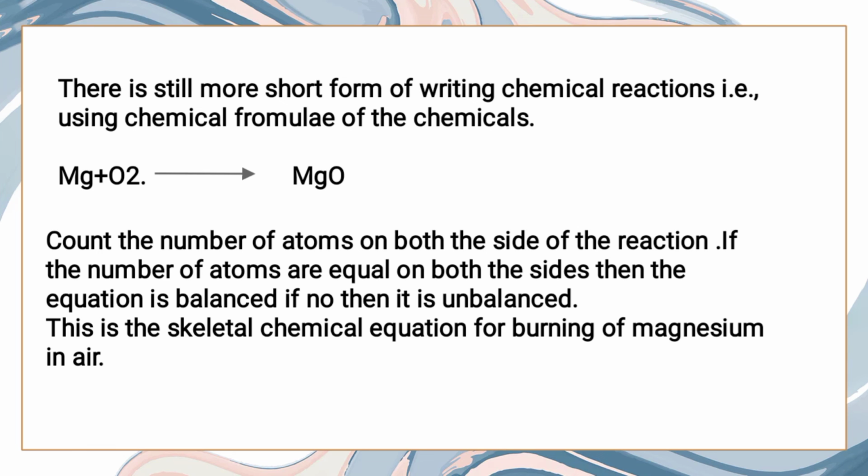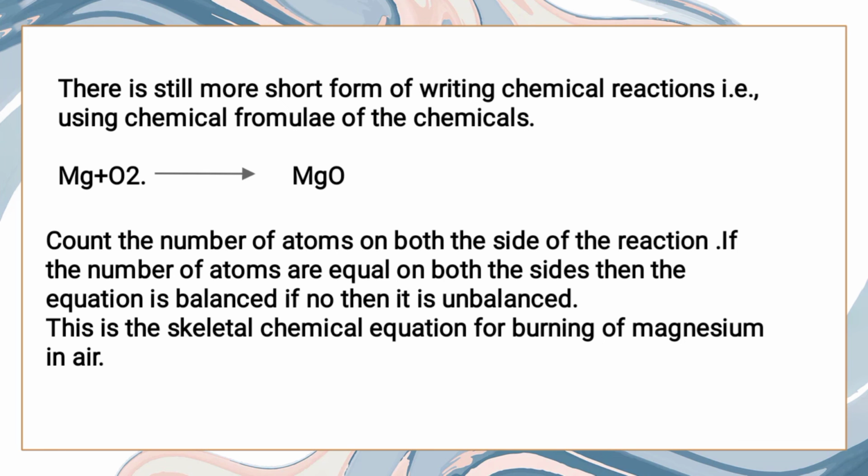So this is a chemical equation. How do you write it in the shortest form? That is by using the chemical formulae of the reactants and the products. Count the number of atoms on both sides of the reaction.